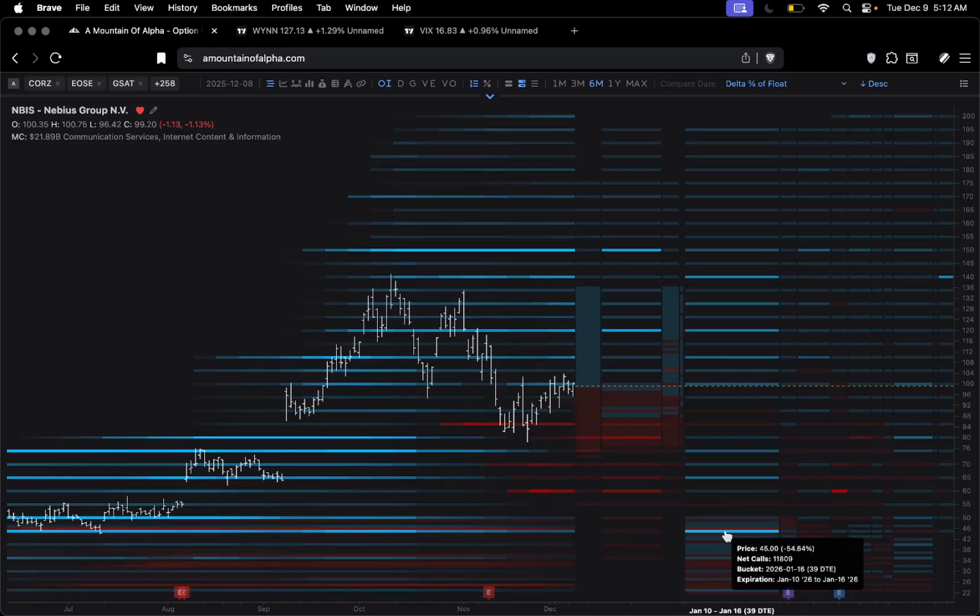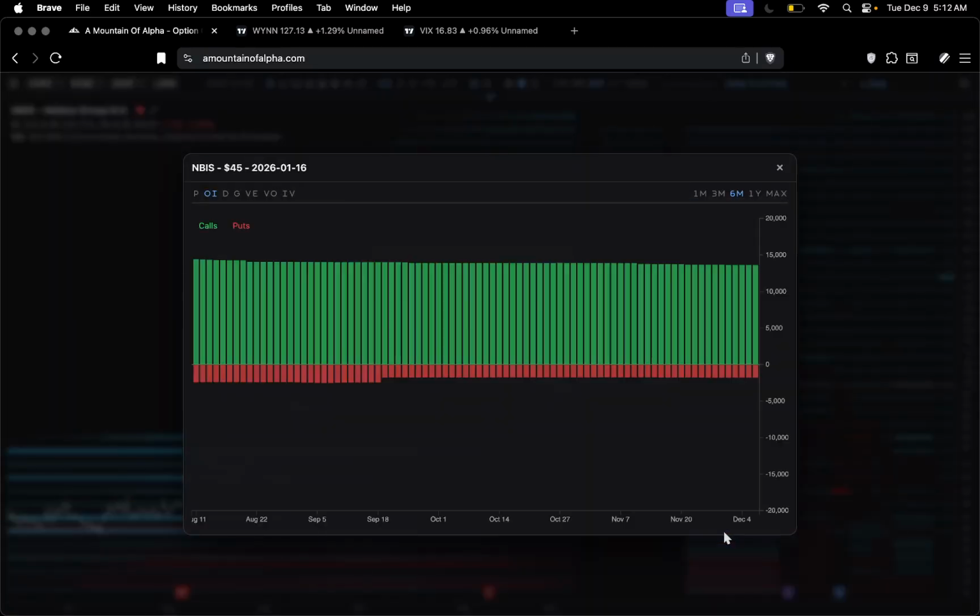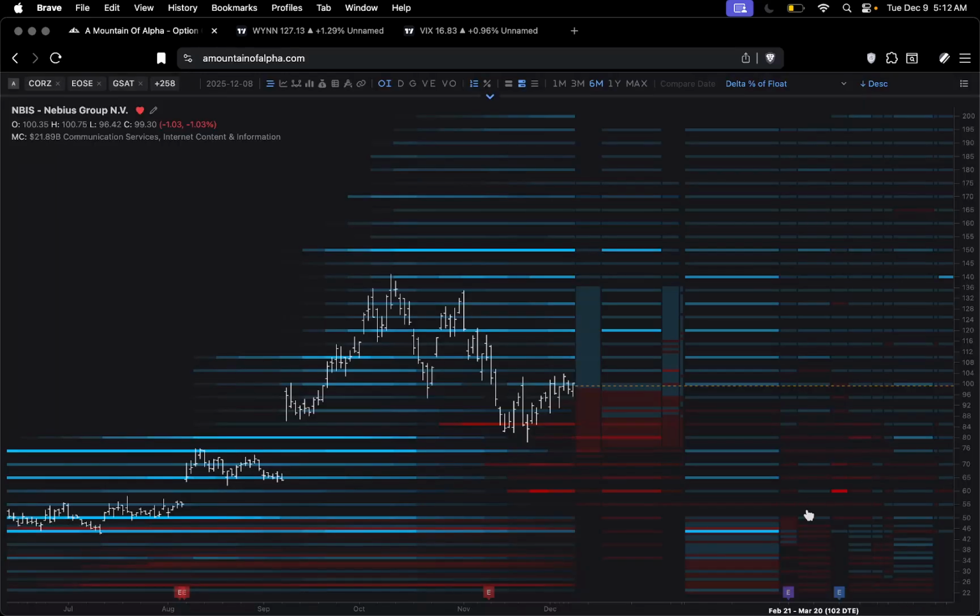And you have a really big in the money 45 strike, right? That hasn't really moved at all. No one coming out of that. And there's another one here at 60, but you can see some glimmer of this 140 that's out to January 28.